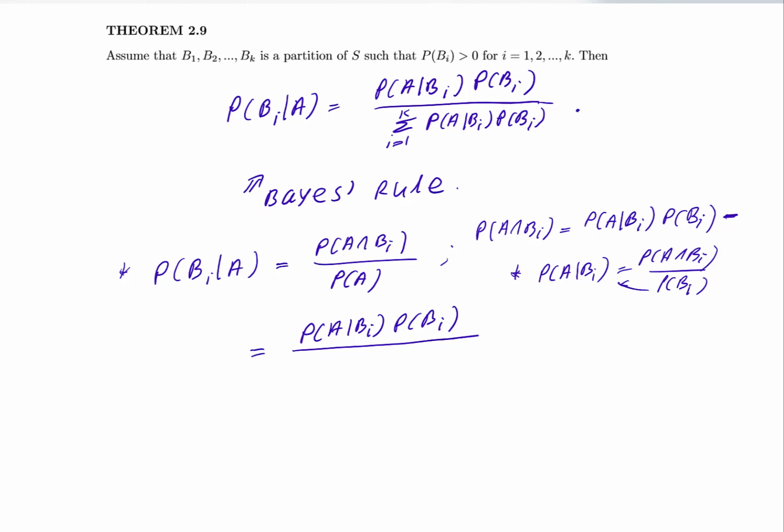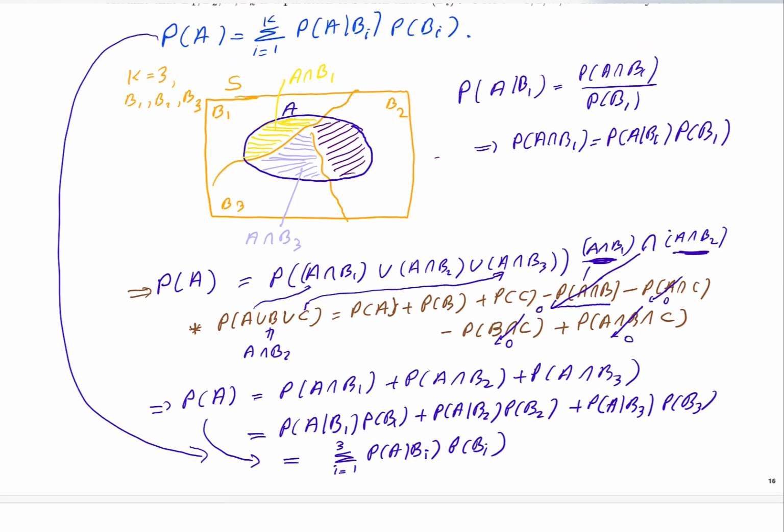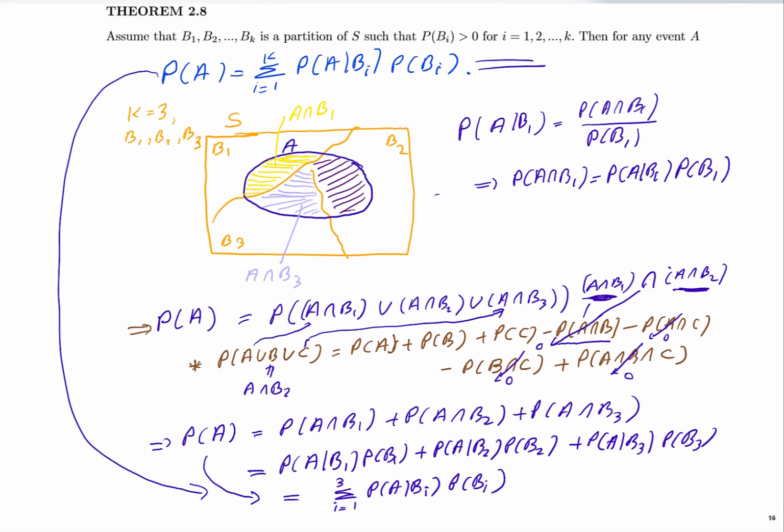Yes, you see it is a partition here, right? B1 to Bk is a partition of S. You know the meaning of partition. If it is a partition, we can write down P(A) by using the above theorem. This one, you see that. So we can replace this part.